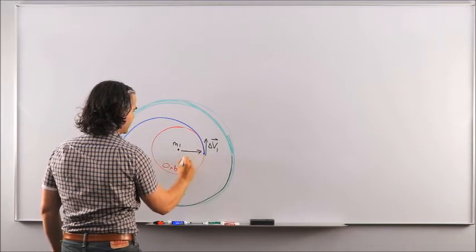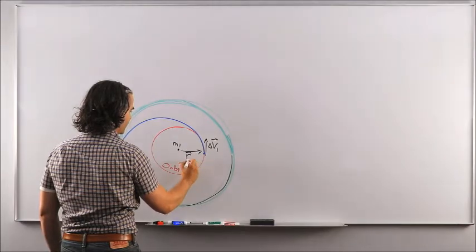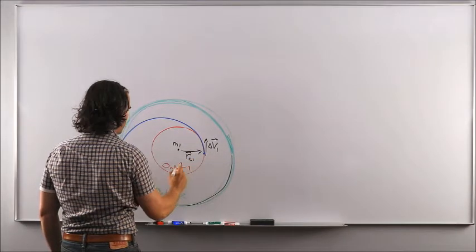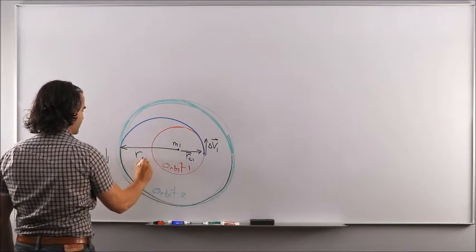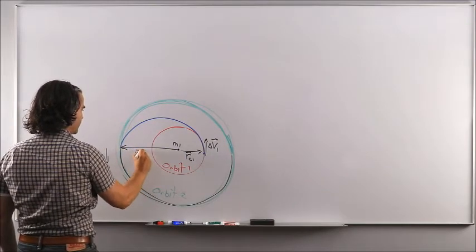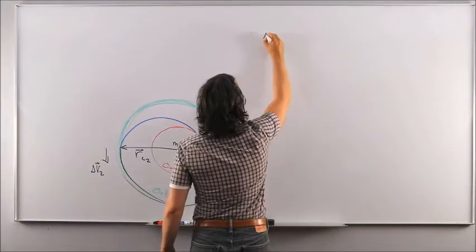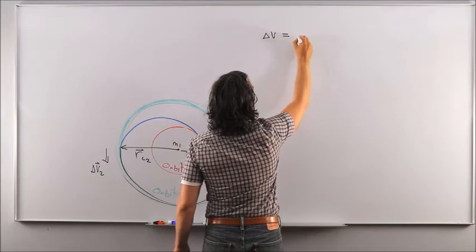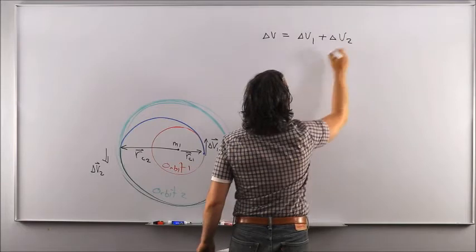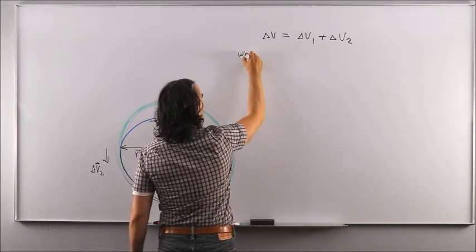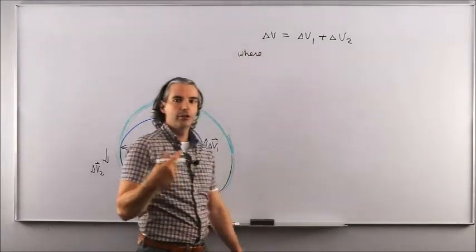So this is our vector that we're going to say RC1, and this is RC2, the radius of the second circular orbit. Okay, so the net delta V is going to be delta V1 plus delta V2. So all you have to do here to figure this is to apply what we saw twice.